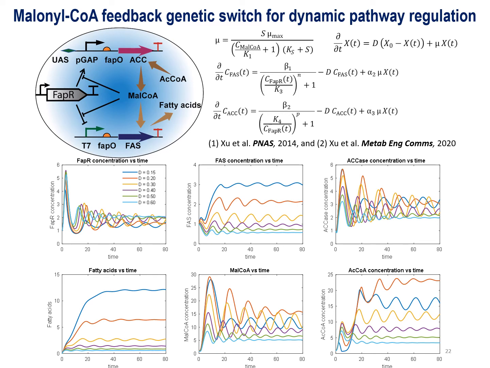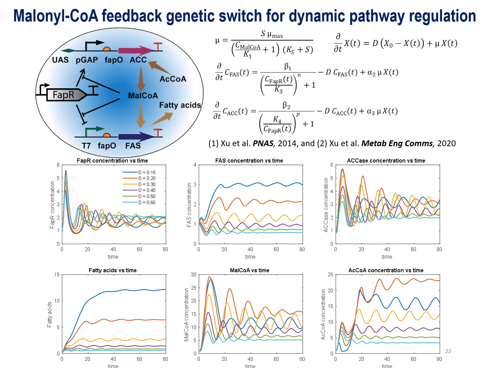So to design the switch, we placed the malonyl-CoA source pathway, ACC, under the control of a PGAP promoter. At the same time, we placed FAS, the malonyl-CoA sink pathway, under the control of the T7 promoter. When we tested the cell with the gene circuits built, we found the malonyl-CoA level inside the cell started oscillating. It's very interesting and perplexing, but we did publish our results in PNAS in 2014.